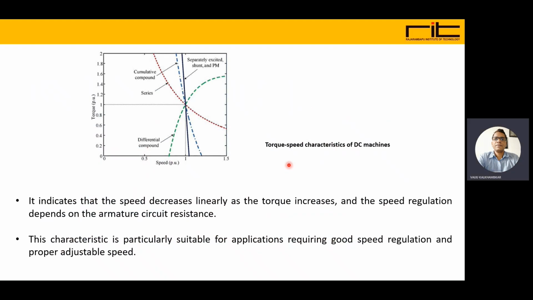Similarly, the torque speed characteristics: as discussed, for series it is inversely proportional, then separately excited, shunt, permanent magnet machine, then the cumulative compound, then the differential compound. Mostly it indicates that the speed decreases linearly as the torque increases, and the speed regulation depends on the armature circuit resistance.